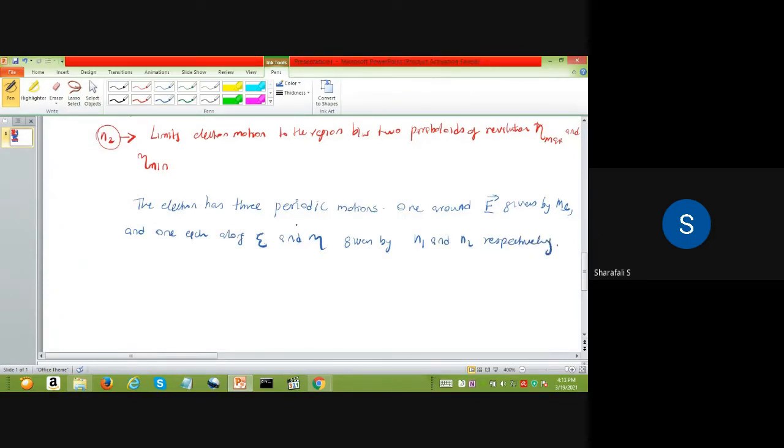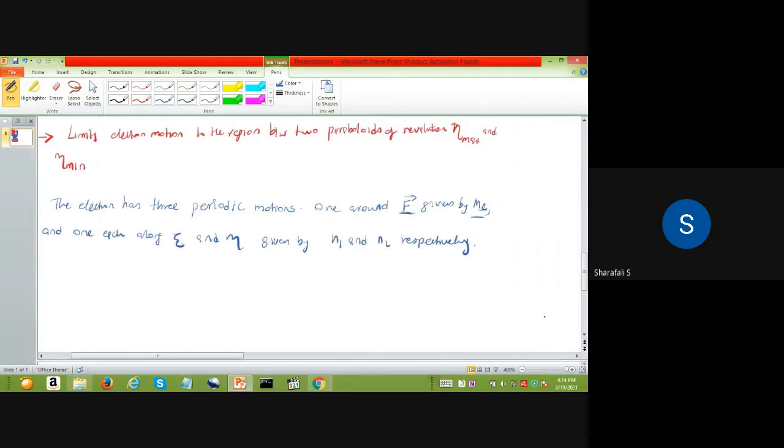So n1 corresponds to epsilon, and n2 corresponds to eta. Why is this one given by ML? This is from that precession. We already know that quantization. We already studied this.